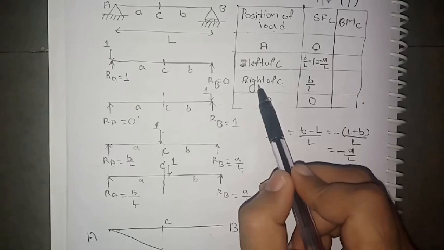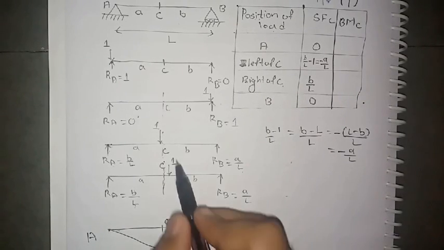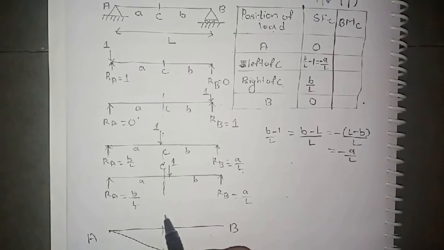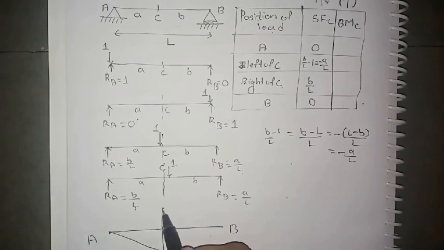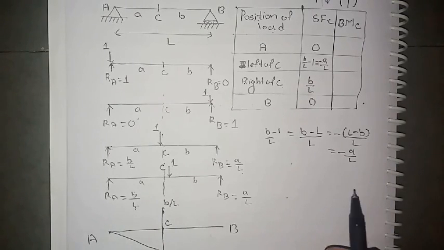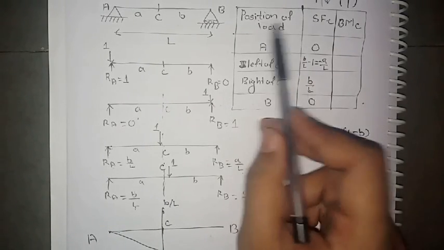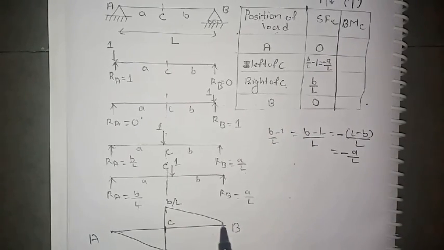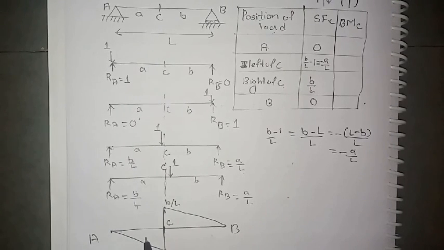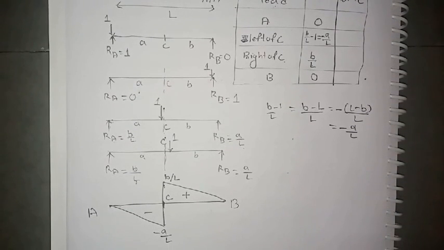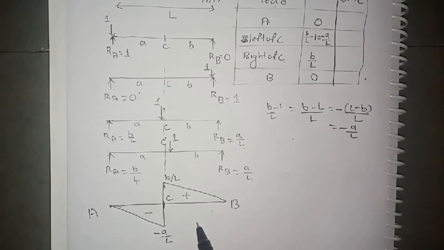When the load is just to the right of C, shear force at C is B by L. When the load is at B, shear force at C is equal to 0. So this is the ILD for shear force.